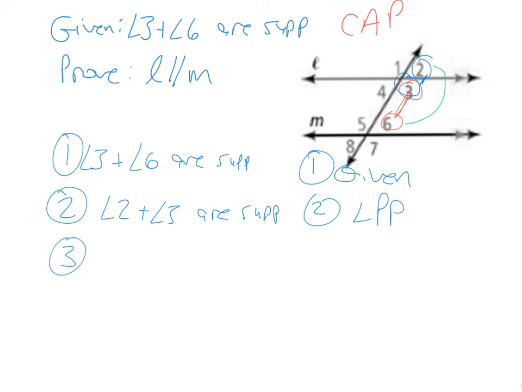Okay, now here's where you need to be thinking about what we've done in the past. In the past, if we saw these two statements, 3 and 6 are supplementary, 2 and 3 are supplementary, these pairs have angle 3 in common, we need to start thinking about, well, how do I know that these two then have to be the same? I think intuitively it makes sense, but what's the reason behind saying that those two have to be the same?